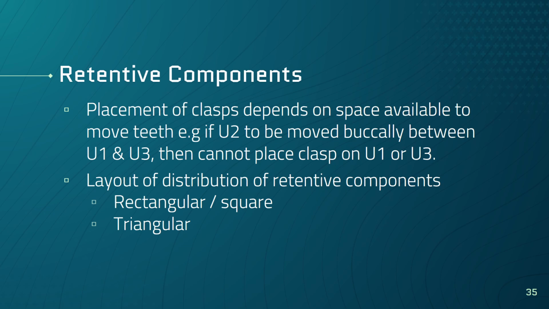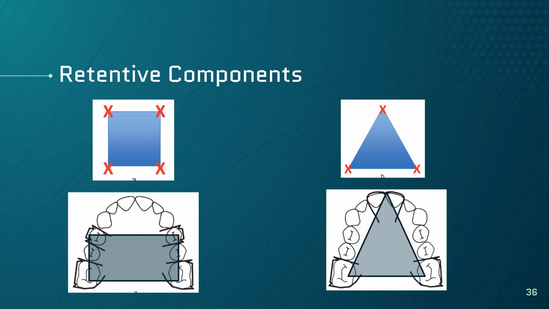Now, the layout of distribution of retentive components is usually either in a rectangular or square format, or it may be in a triangular format. Here we see what is meant by a rectangular square format of retention.